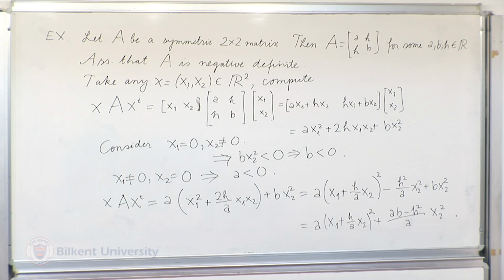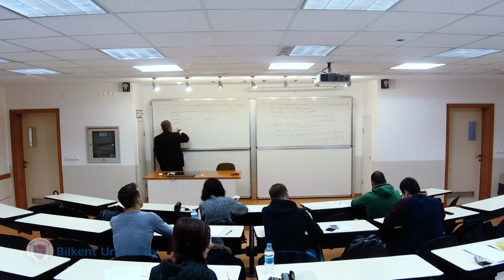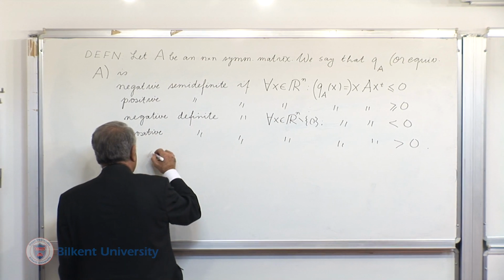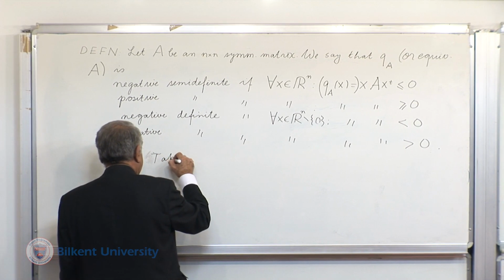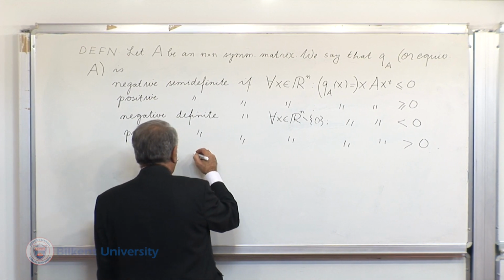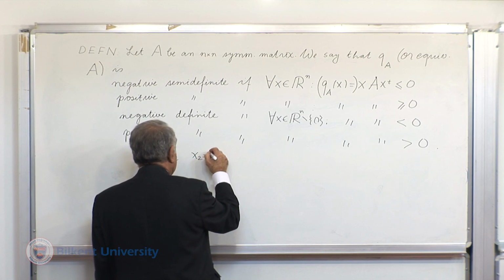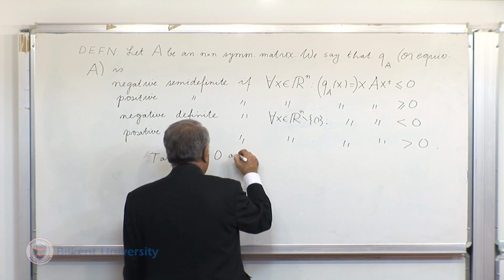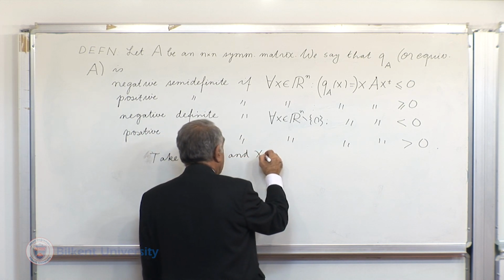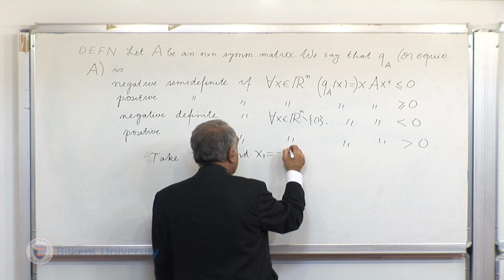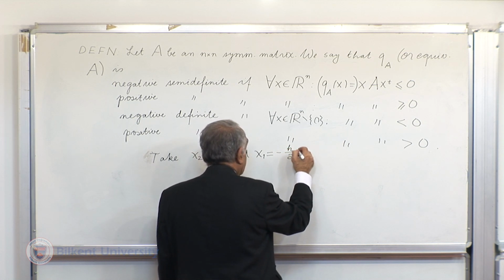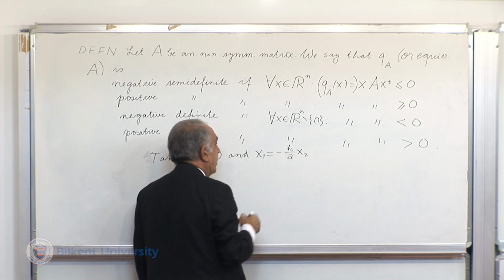Now, take x2 different than 0 and x1 equal to the negative of h over a x2.